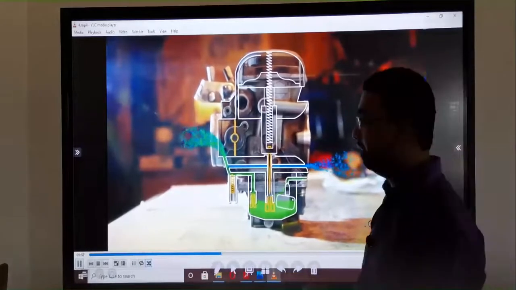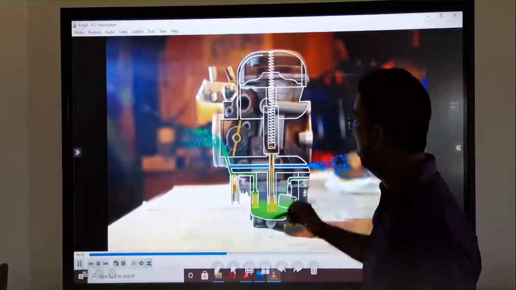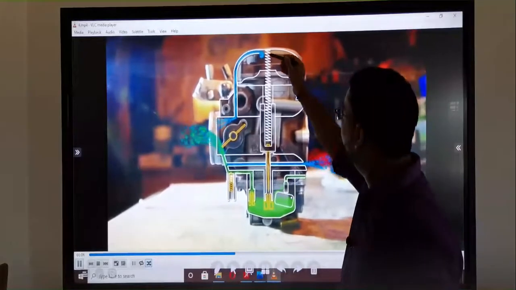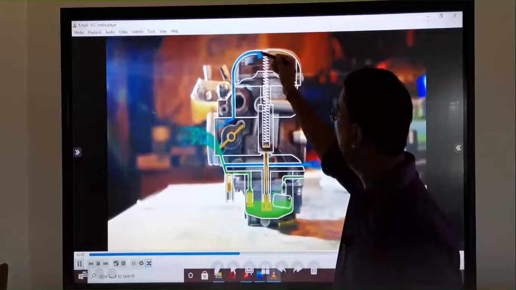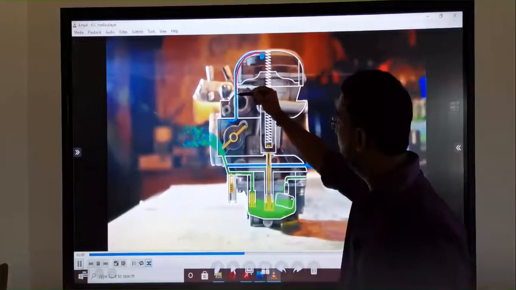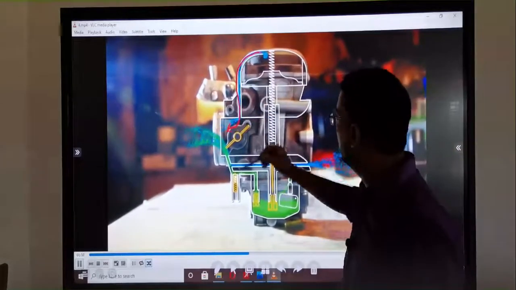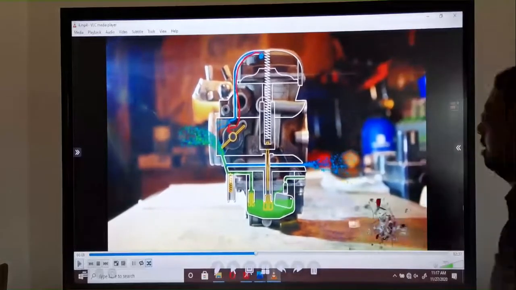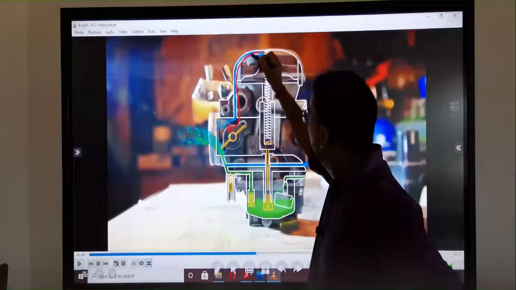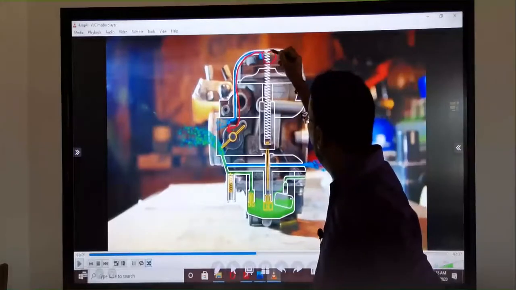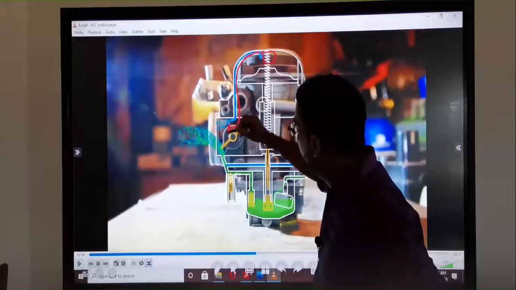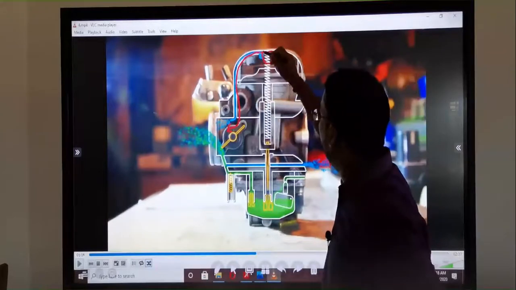So the throttle valve starts to open, so there is a space. The atmosphere air comes through this line. When the air is released through this way, there is a pressure difference here.